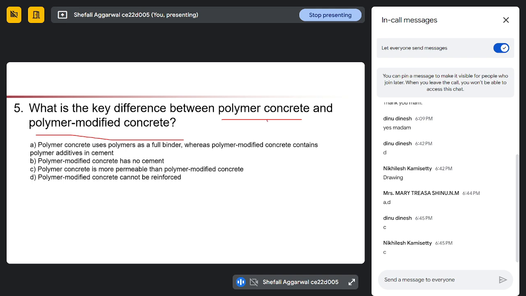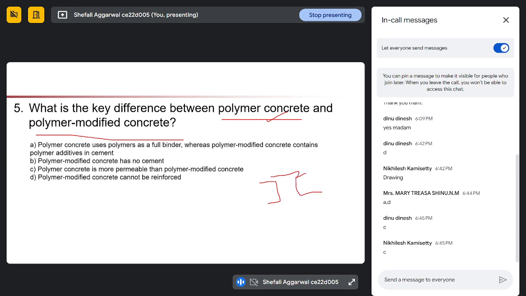If we talk about polymer concrete, what does polymer concrete mean? We are replacing our binder fully with polymers. These types of materials are used, for example, when we have an expansion joint.